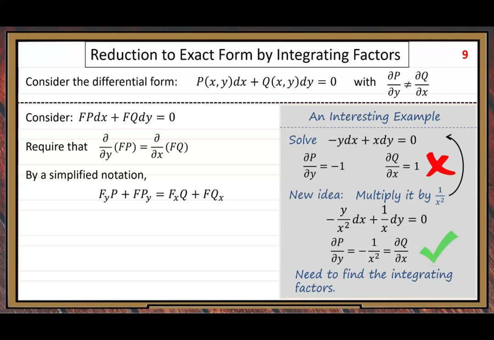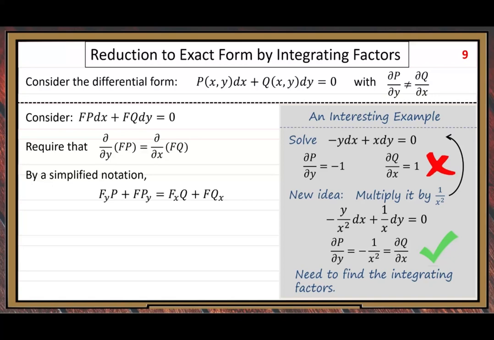We have a lot of freedom to choose F. Can we use that freedom? Yes, that important freedom. So we intentionally choose some simple F functions. We don't want it too hard. We want it simple so that we can make this formula simpler. Then we have a chance to solve it.